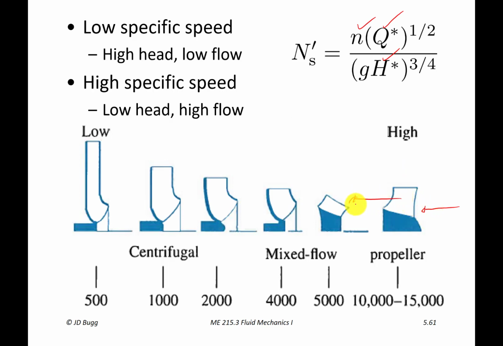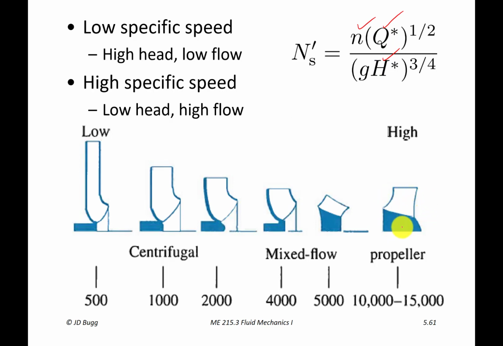It leaves in the axial direction as well. So that's an axial flow pump, and that will have a very high specific speed. So high specific speed means big flow rate, small head. So these are really good for high flow rates and low heads.